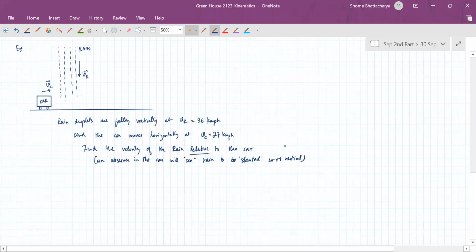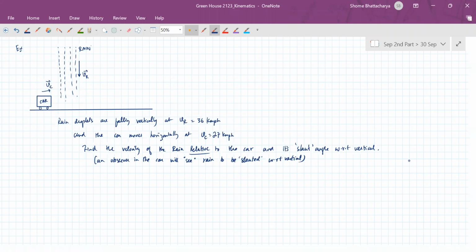And its slant angle with respect to the vertical. Sir, slanted with respect to what? With respect to the vertical.